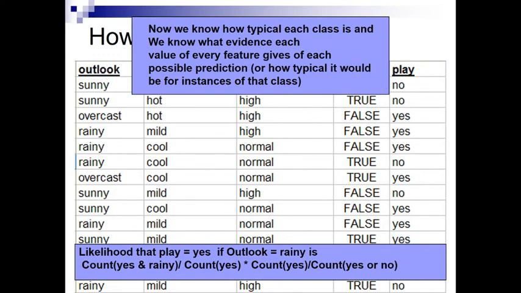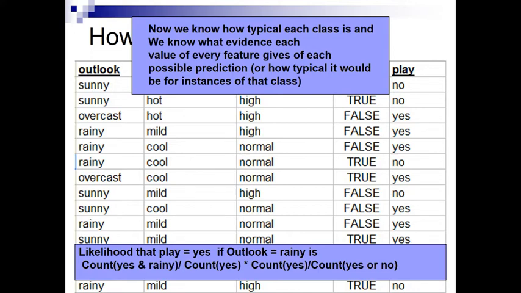Okay, so then how do we compute the likelihood of playing yes if what we see is that the day is rainy? So what are we going to do? We know that the probability of A given B, so that would be like the probability of playing tennis, given that you saw that it was rainy, we want to know what that probability is.